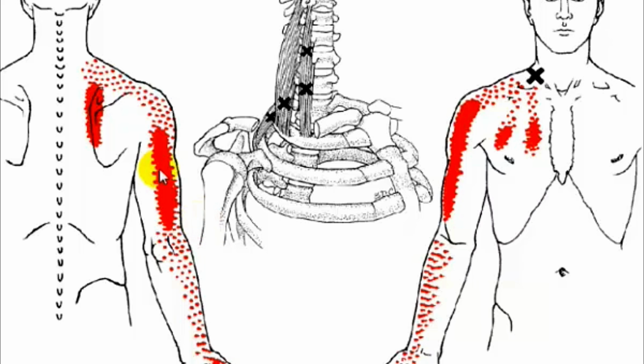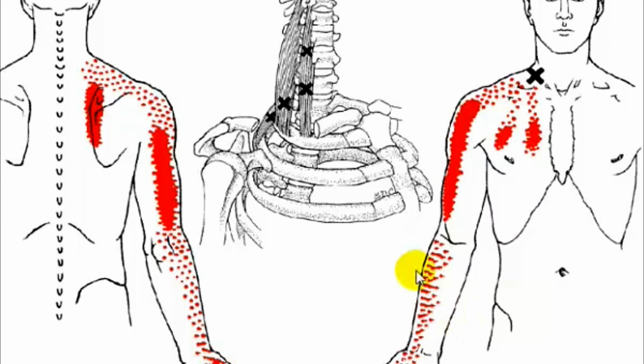The important thing about this is that the type of pain is most commonly a dull aching pain, and is not typically the kind of pain that you get with nerve root impingement, which is a lancinating, shooting, electric type pain, often associated with tingling and numbness. So this complex pattern you would feel as an ache.